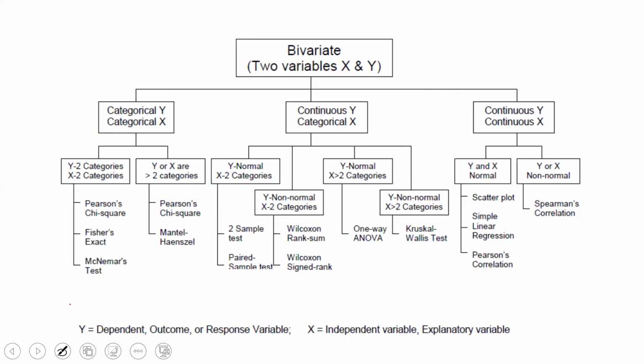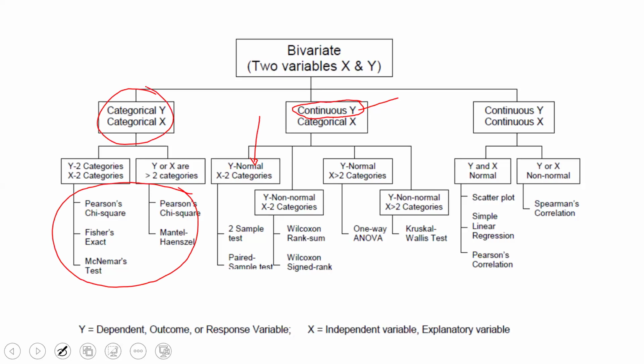Now, in a situation where our dependent variable is continuous, and our independent variable is categorical, that is where you have to check your dependent variable for the assumption of normality. If it is normal, that is where you use what we call a parametric test. By the way, all of these are non-parametric so that you can understand, because they are all categorical.